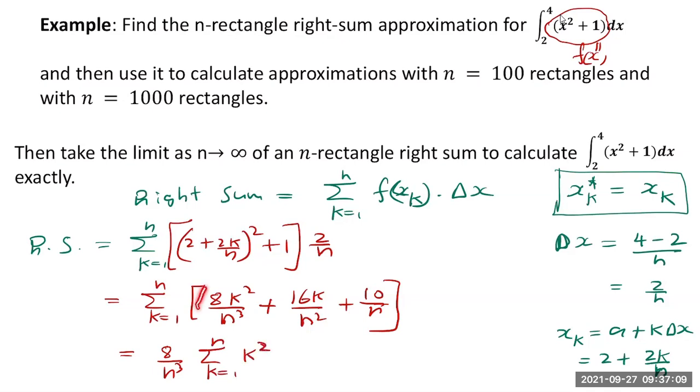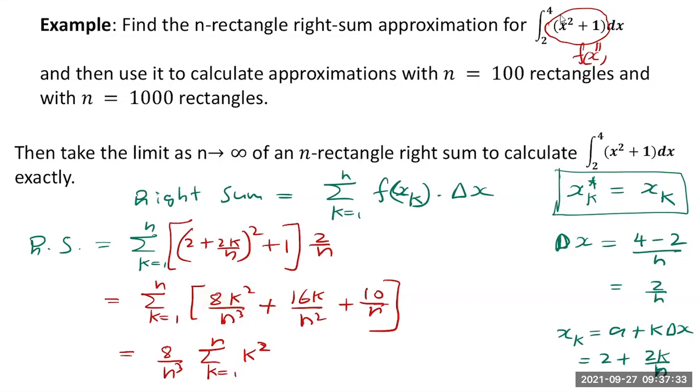Notice that 8 and n cubed are constant, so I can pull this term out, 8 over n cubed. Because the running index is k, you have k only in this term, which is k squared. So I'm leaving the k squared as it is and pulling the rest out.